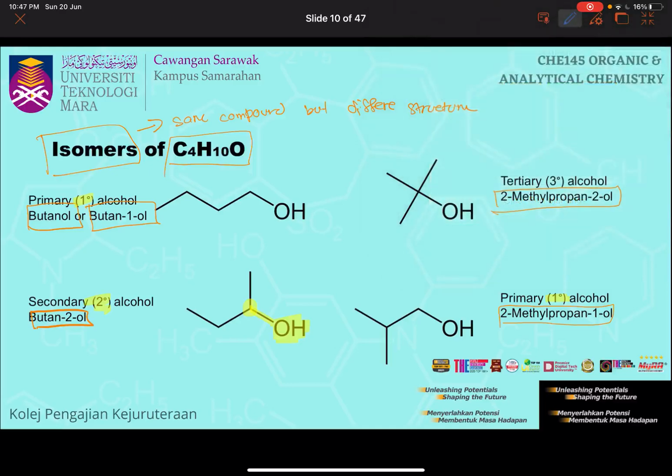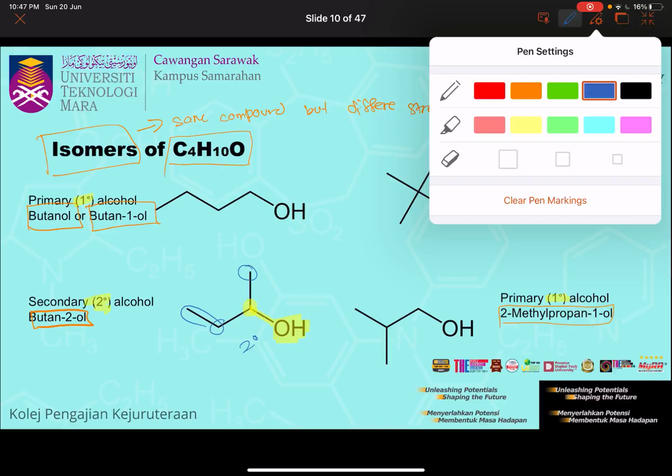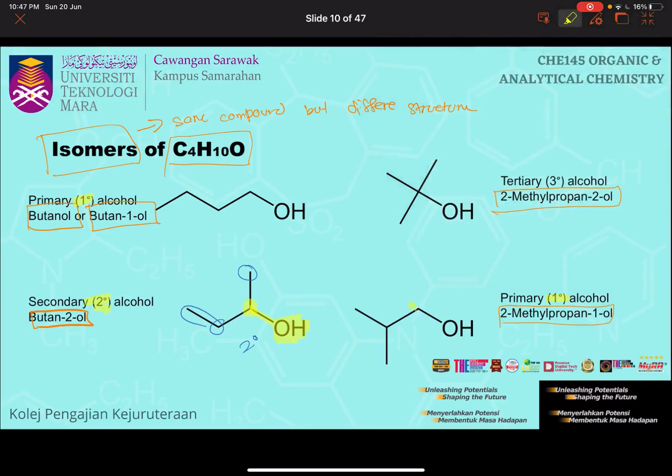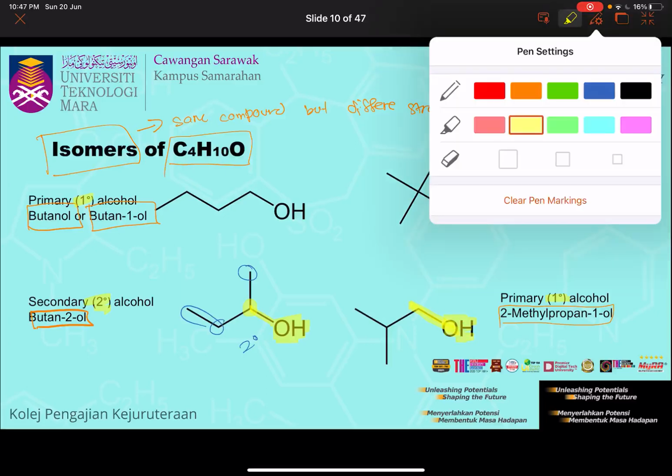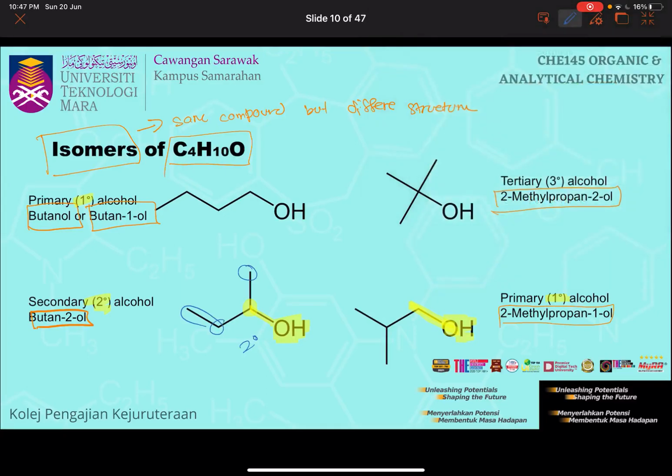It has one carbon here and another carbon chain here, so this makes it secondary. For the 2-methyl propanol, since there's only one branching out here, this is actually a primary alcohol again.